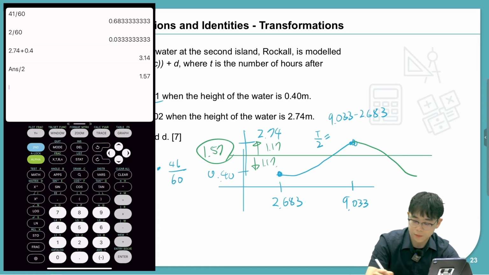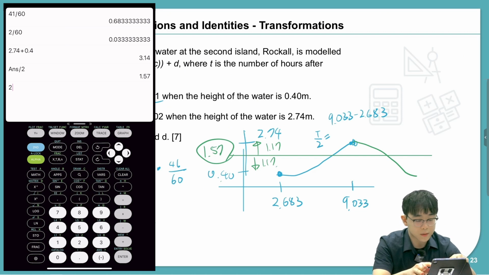Okay, so first, when it comes to the period, we know 2 pi over B is going to be the period. So B is going to be 2 pi over the period, which is 2 times 9.033 minus 2.683.